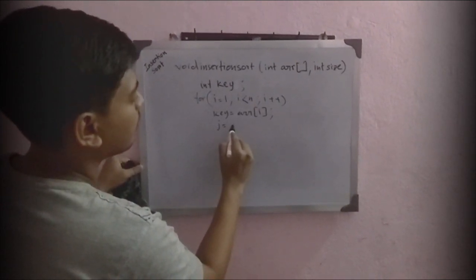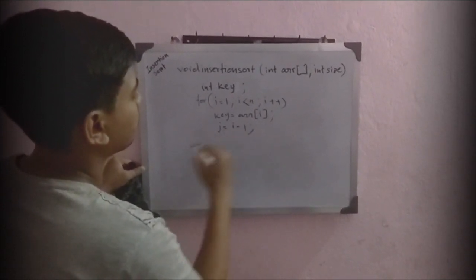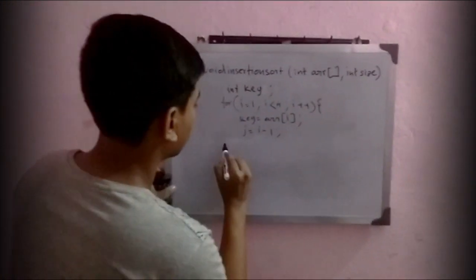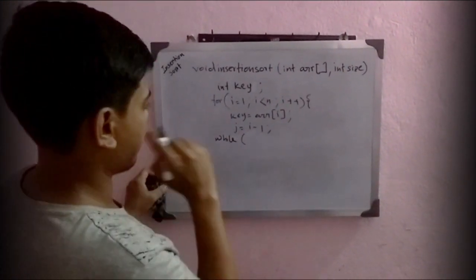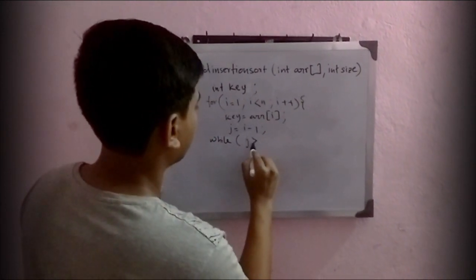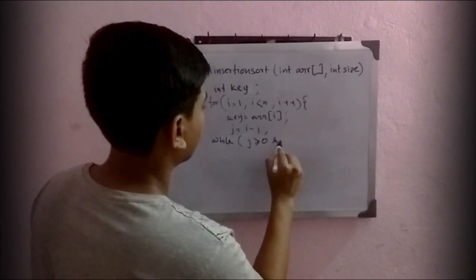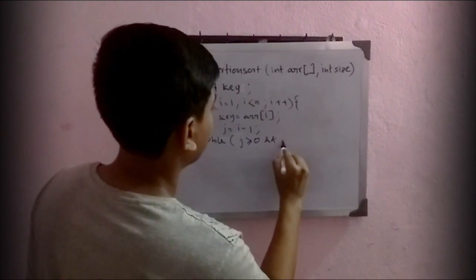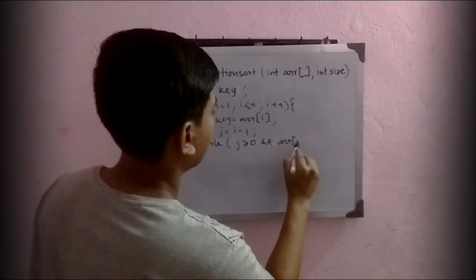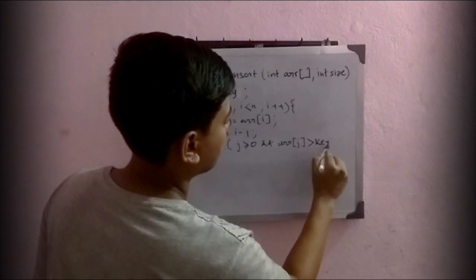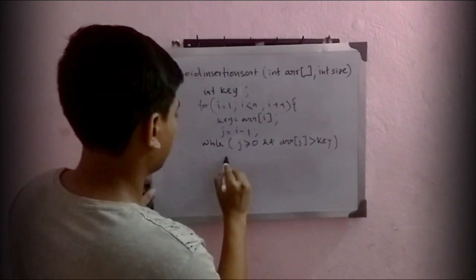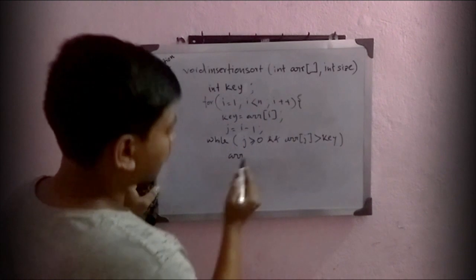Okay. And then j equals i minus 1, while j greater than or equal to 0 and array of j greater than key, then we have to shift, right?